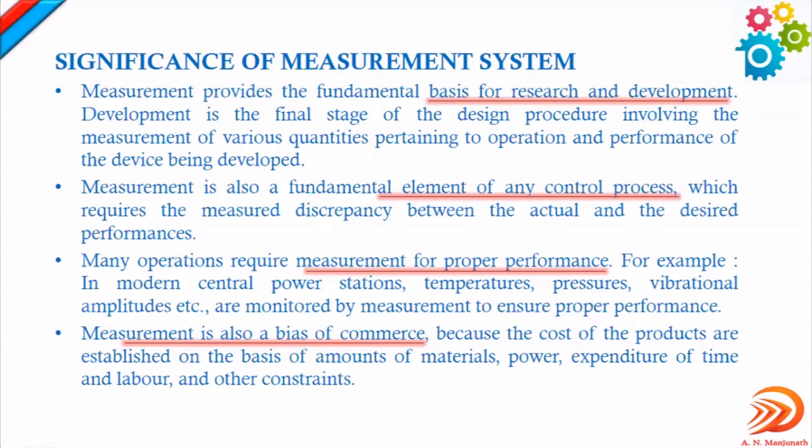In order to control it, you have to do the measurement, and measurement is another important fundamental element in the control process. Without measurement, it is not at all possible to control any physical parameters. So that is another significance of the measurement system. It is a fundamental element of any control process, so that you are able to define and control the performance of any of the physical quantities.